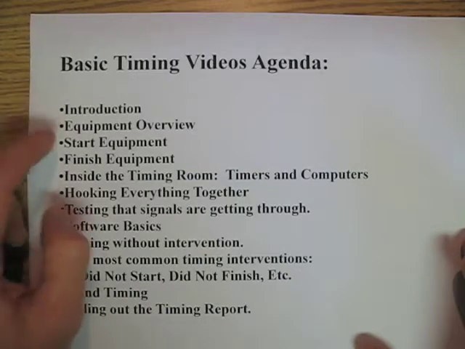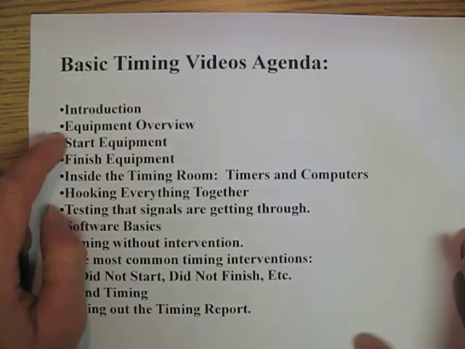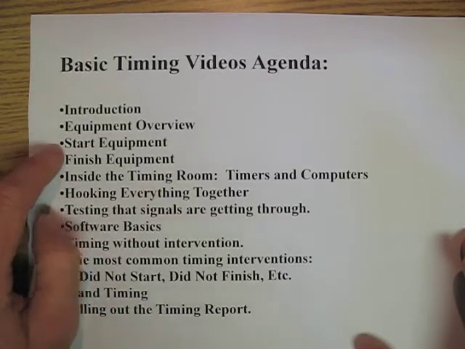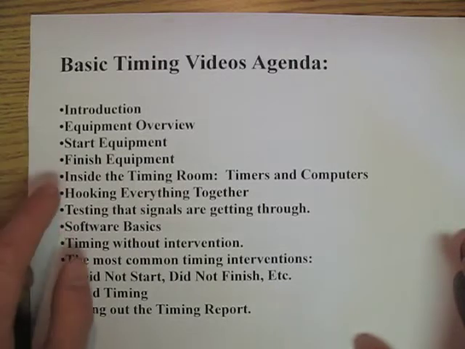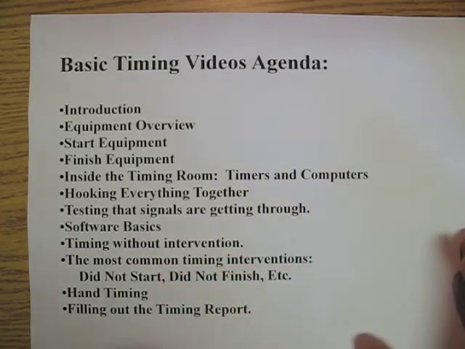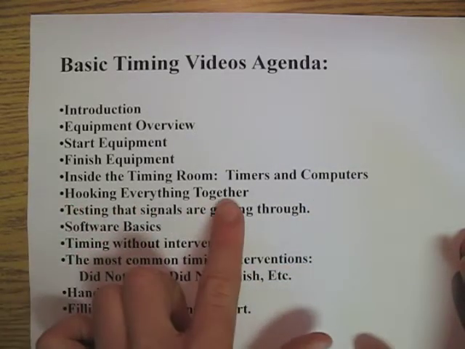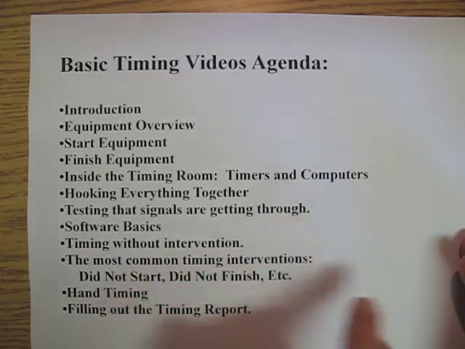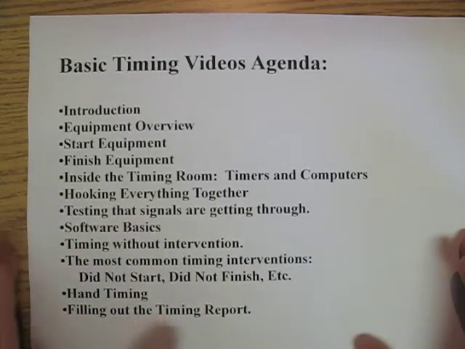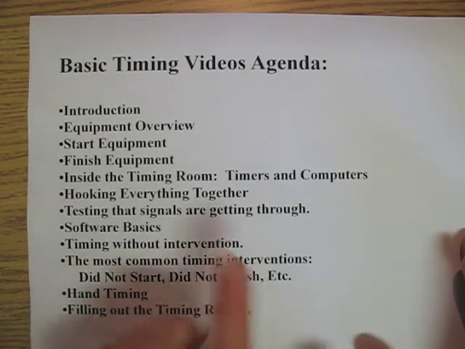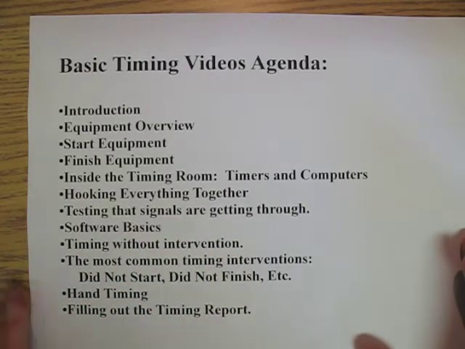Our second video is going to be just an overview of all of the equipment that we're going to use, and then I'm going to break that out and we're going to look at the start equipment, we're going to look at the finish equipment, we're going to look inside the timing room at our timers and computers, then we're going to focus on hooking everything together, testing the signals are getting through all the way through the system. Then we're going to do some software basics, and then we're going to do some timing without any intervention, where we're just going to let the computer do its thing and we're just going to kind of watch.